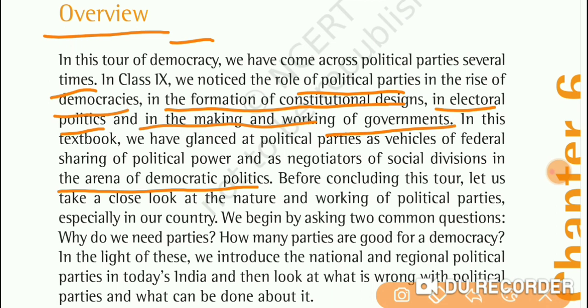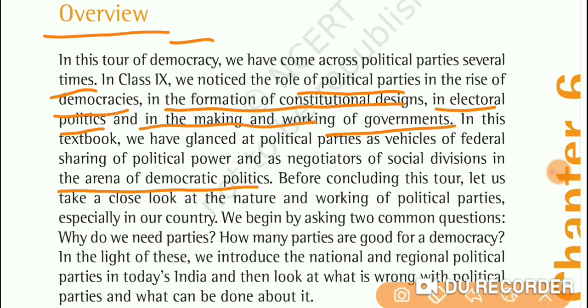How political parties share power, how they form the government and how they function the government, how they provide a better administration for the country and a better future for the citizens of the country, and how they take the role of federal sharing of power.